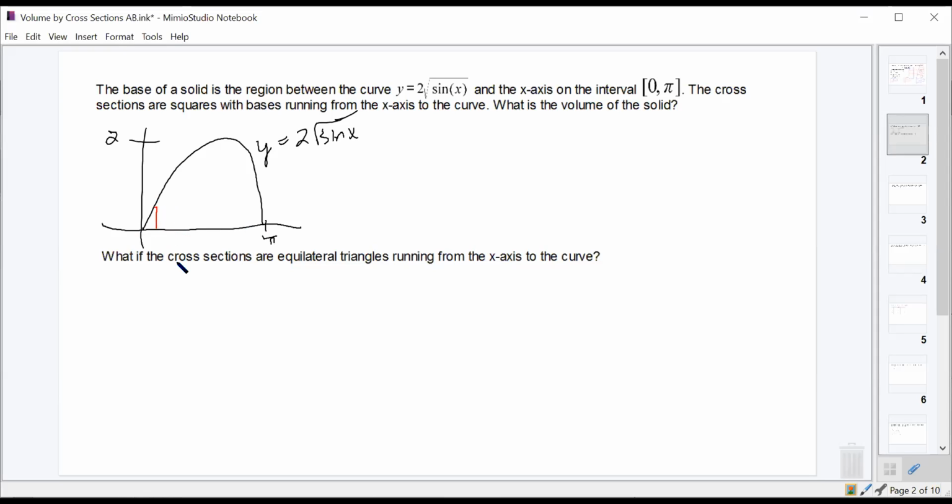That doesn't look good. Let's try it this way. Every place along here from the x-axis to the curve, there is a square sticking out. So if you were to slice this thing vertically and open it up, both sides of the faces you'd be looking at would be squares.